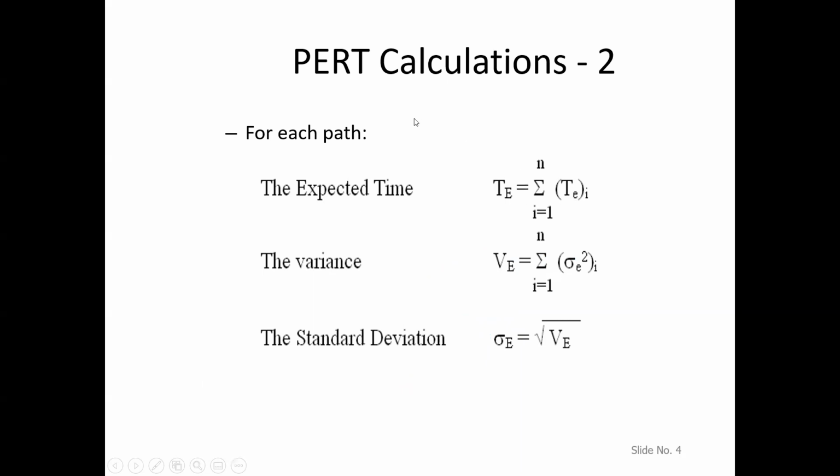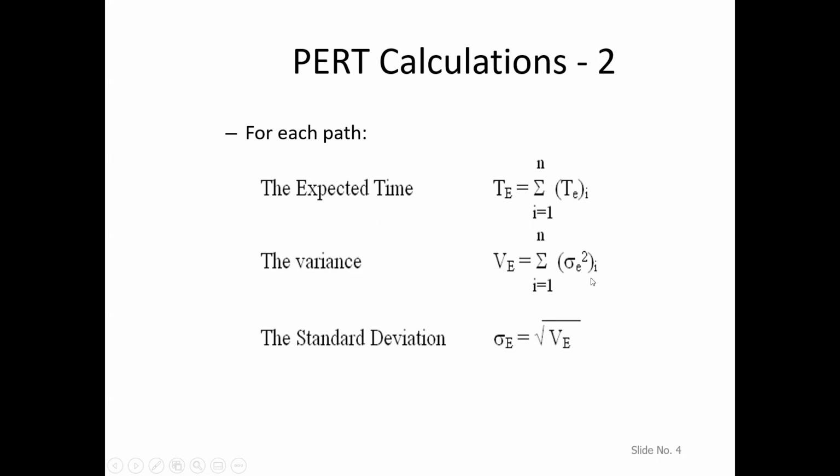For example, if there are four activities A, B, C, D, for activity A we will calculate the expected time, for activity B we will calculate the expected time, similarly for activities C and D. Then we will add up all these expected times. This will be the expected time for the path.